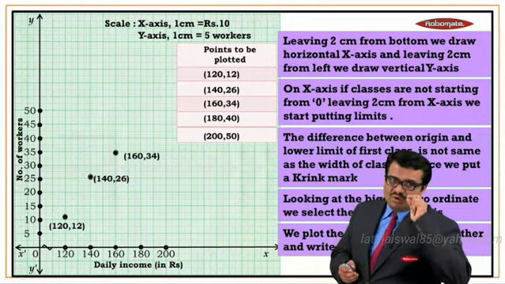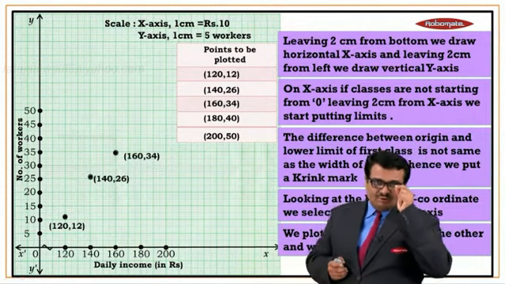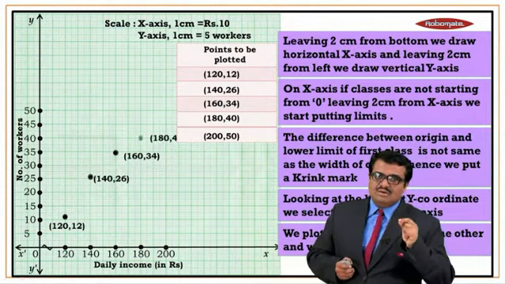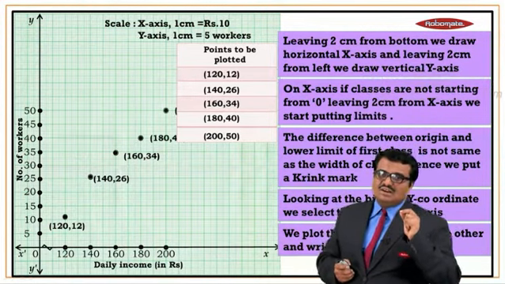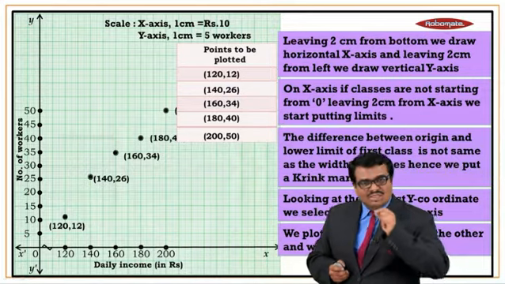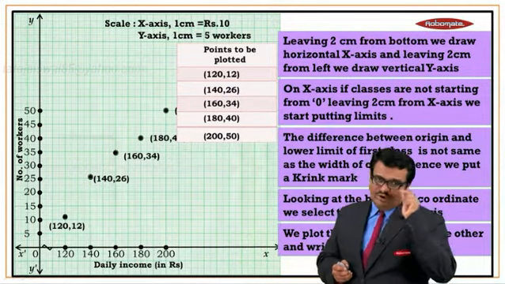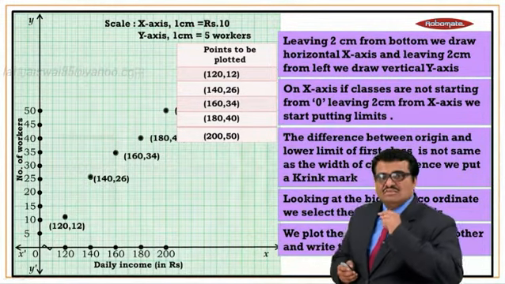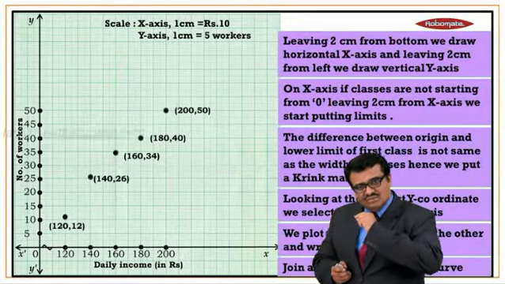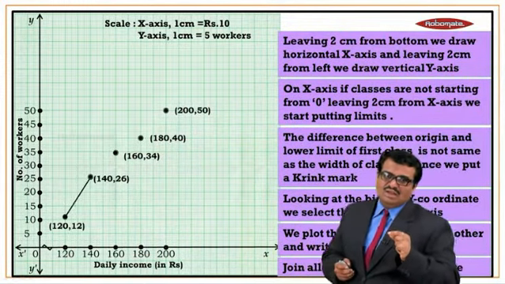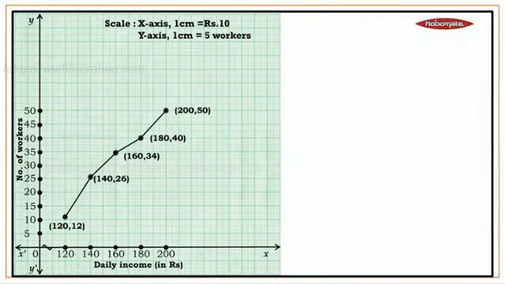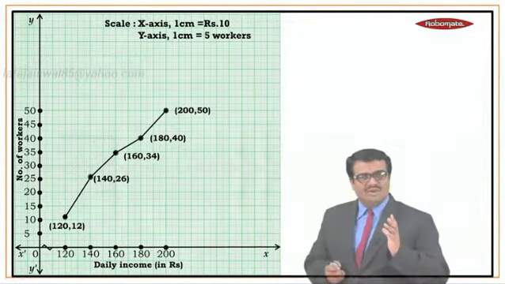The next is 160, 34. 34 will be just below 35. Then 180, 40, and the last is 200, 50. Once we have plotted all the points and written the coordinates, we join all these points with a freehand smooth curve. Joining all the points with a smooth curve, our ogive curve is ready.